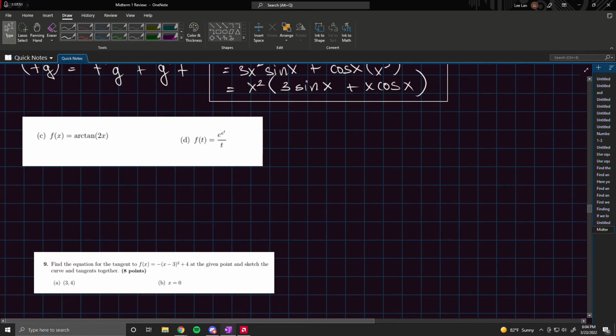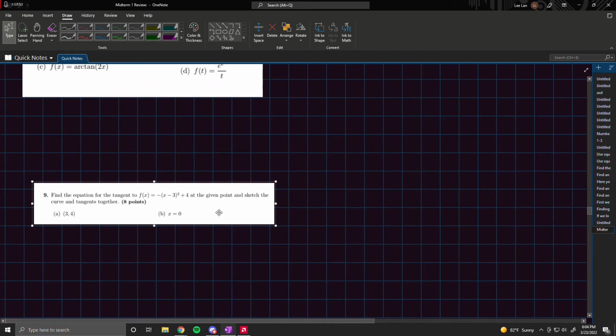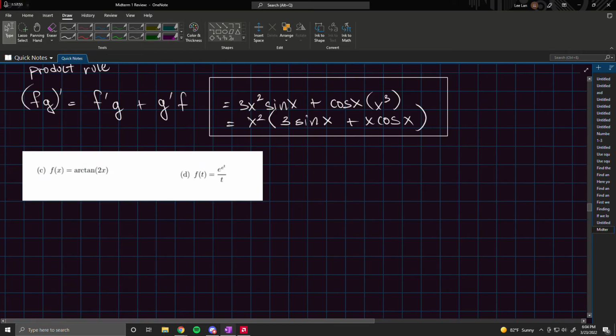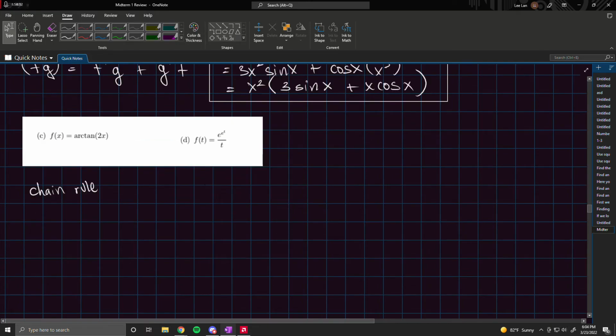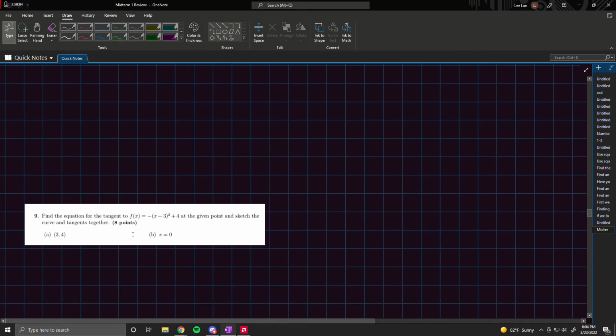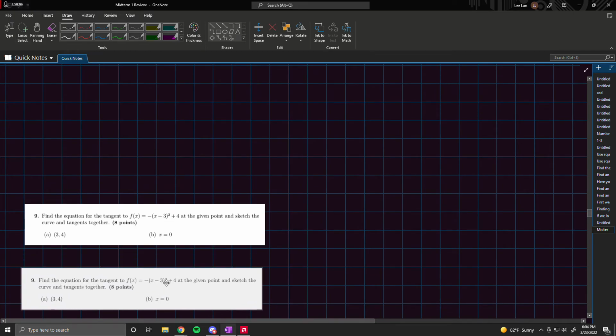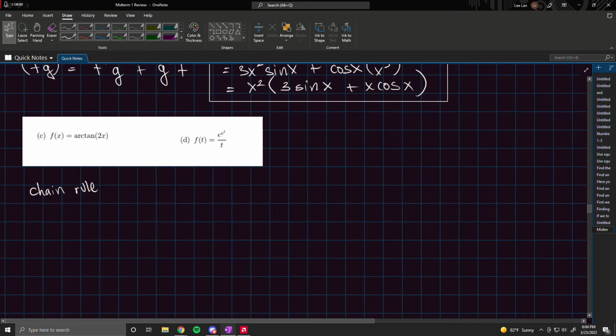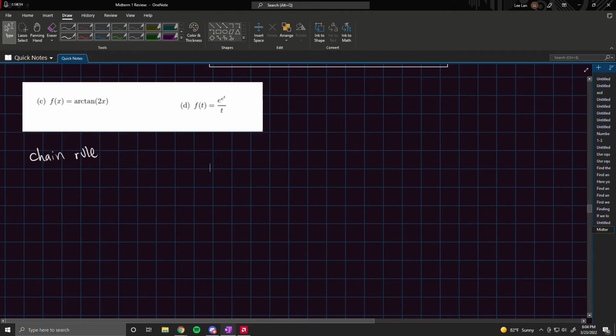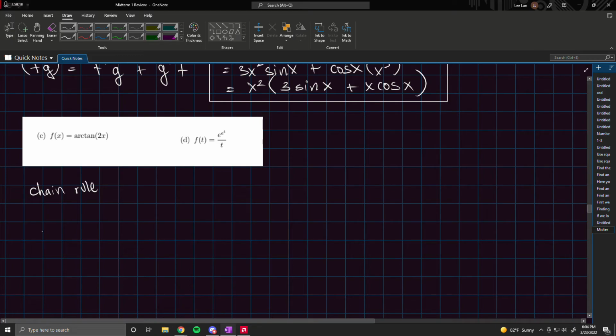Okay, and then for C, arctangent of 2x. What kind of problem is this? Well, this is a chain rule problem. I personally don't really like using the u method, where you set the inner function equal to u. You could keep using that method, but if you don't like it either, maybe this might help you too.